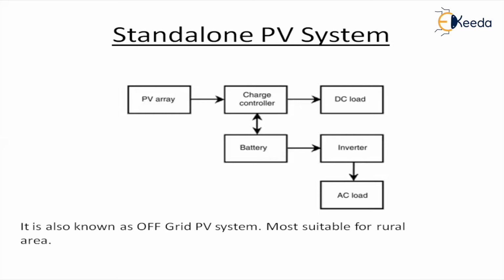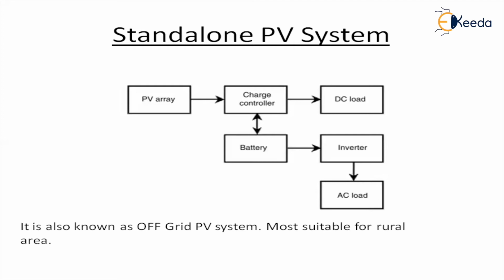In Indian rural area electrification, you can see two panels connected to a small battery, and the loads are like DC motors and LED bulbs. In this way we have electrified the rural areas in India.